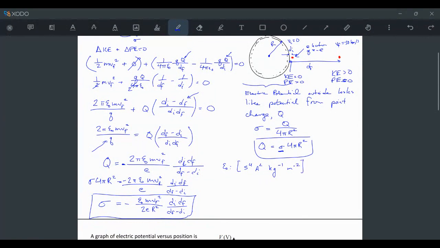Something you may have been exposed to is 1 coulomb is equal to 1 ampere second, but the SI unit system says that we use amperes, not coulombs or ampere seconds. So let's really quickly figure out what the units on this guy are. We have epsilon naught, which we just wrote, so we'll copy it up above.